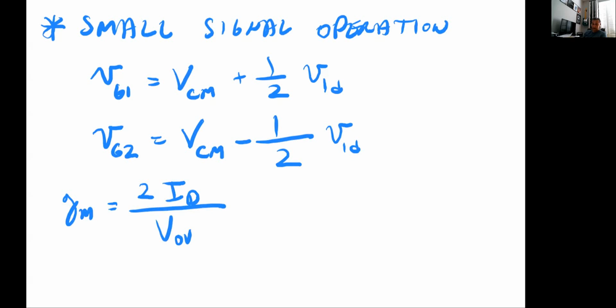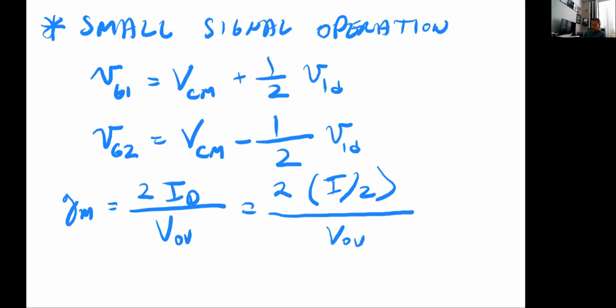But since the drain current, when the differential pair is balanced, for each transistor is the bias current divided by 2, the GM, when the pair is balanced, is the bias current divided by the overdrive voltage.